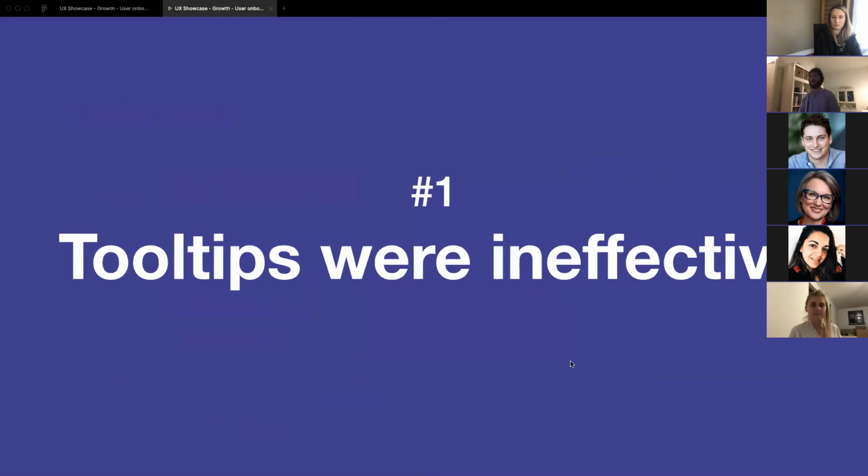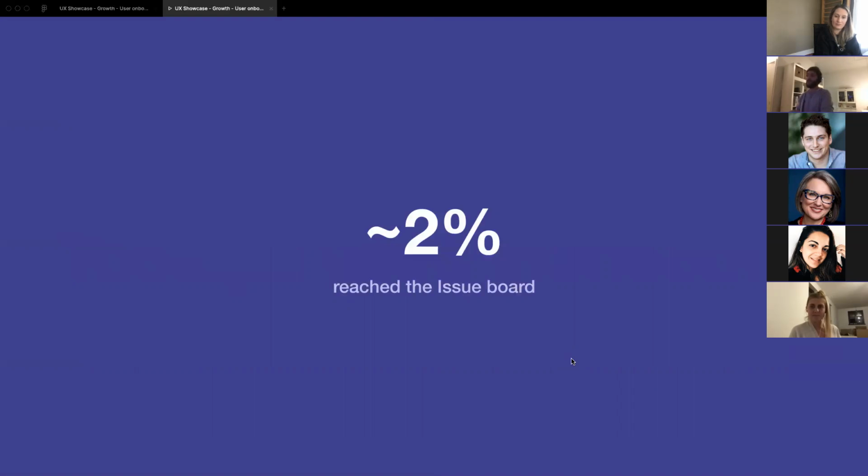So the learnings, first one, the tooltips were actually not effective. So yeah, the user testing session was pointing out that the tooltips were working well, but what actually happened during the A/B test is that only 2% of the people that were enrolled actually reached the issue board.